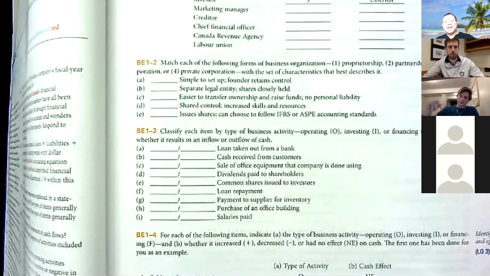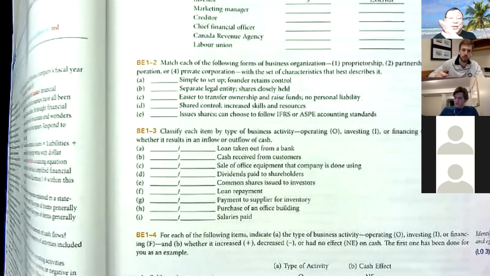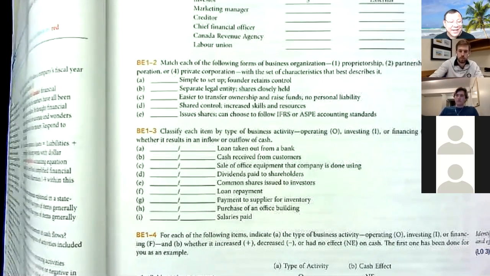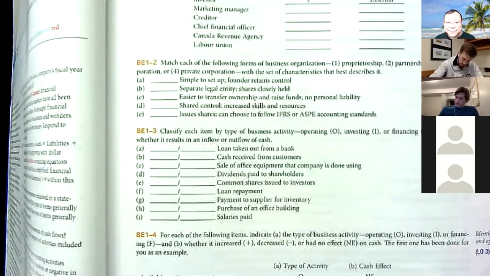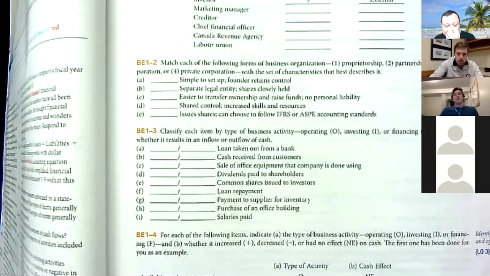Thank you. So you receive the money from the bank, in the form of a loan. So it's cash inflow to you, right? And it's a non-current liability. So it's a financing activity. Okay, very good. Thank you, Tyler. So cash received from customers.